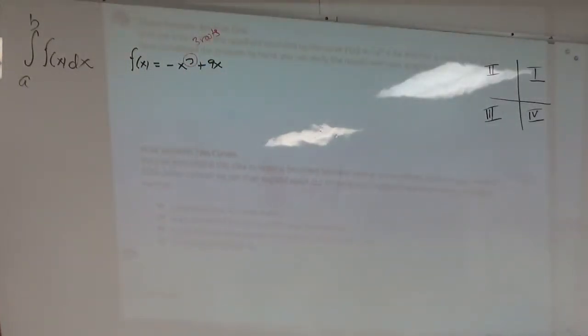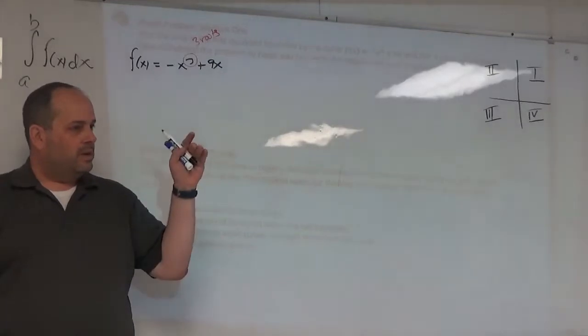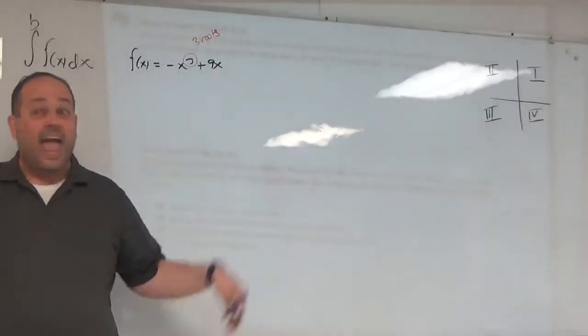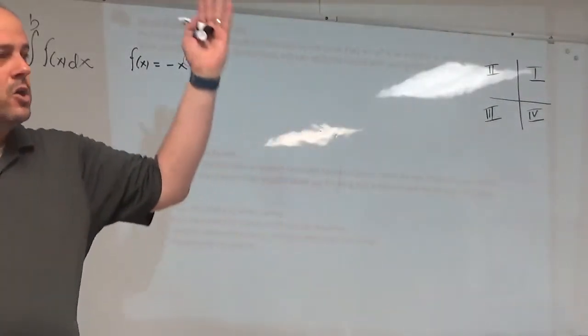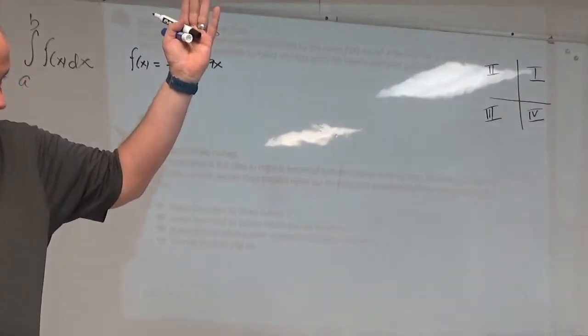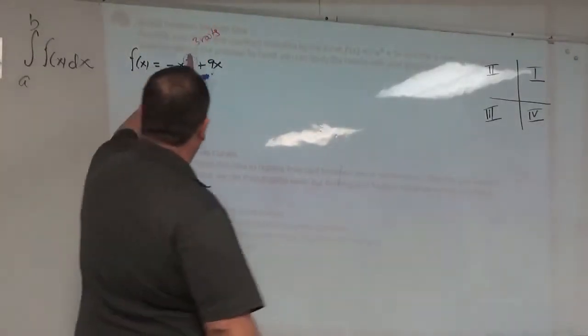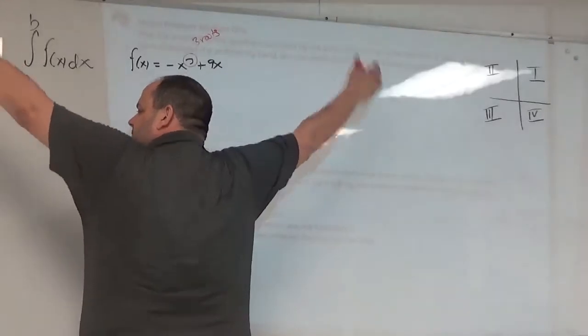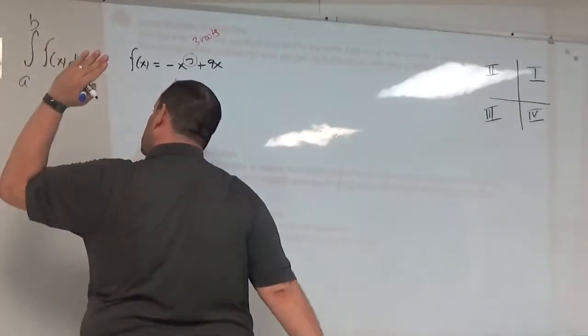What else? Rebecca? End behavior. We know stuff about end behavior. The degree is 3. So the ends point in the same direction or different directions? Different.